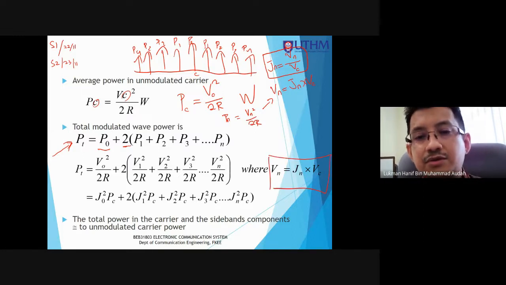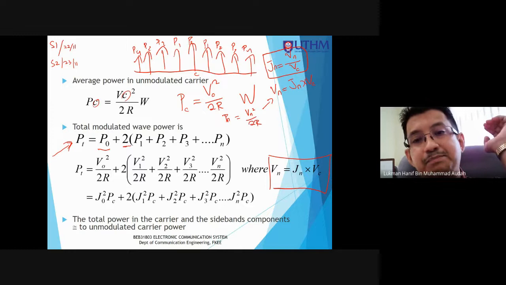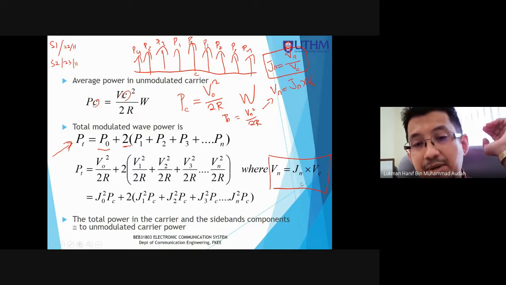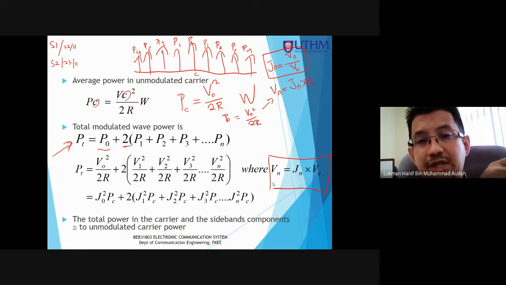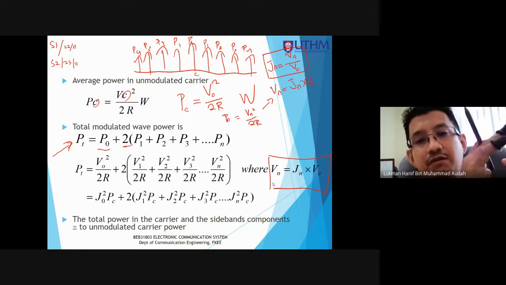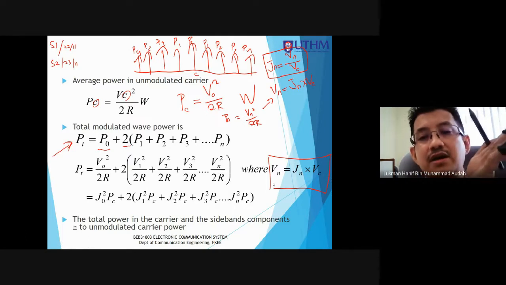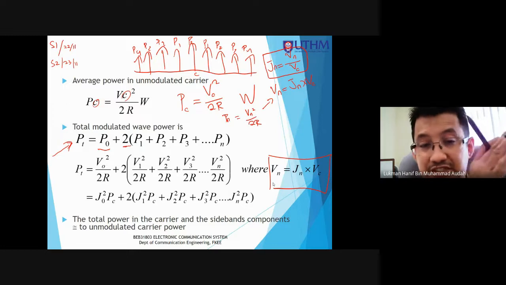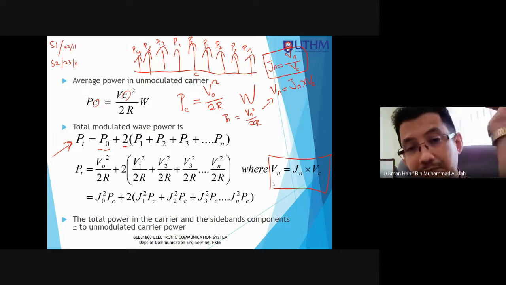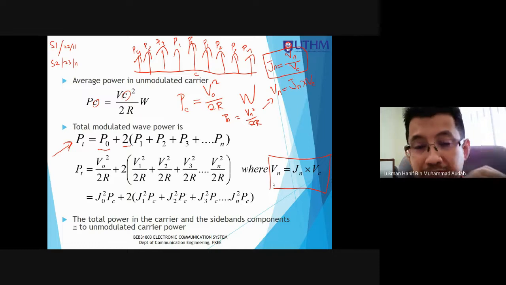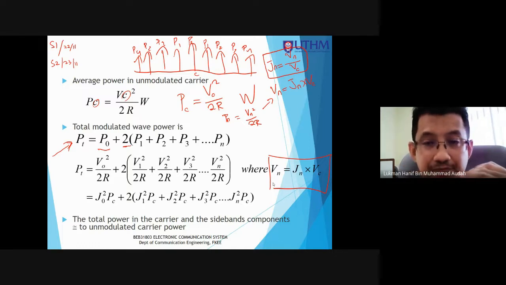Okay. So this is the real amplitude of the spectrum. Jn is the relative amplitude of the spectrum. Vn is the real amplitude or amplitude of the spectrum. So dia ada satu relative amplitude, satu lagi amplitude. Itu amplitude sebenar. Okay. So Vn is like this.